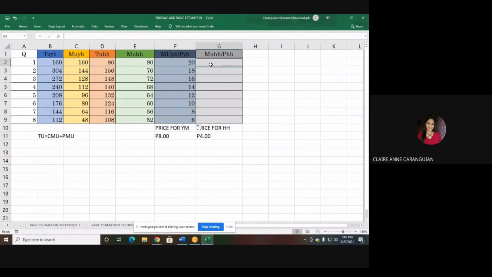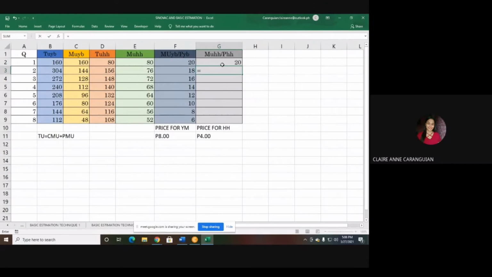While for Halo Halo, same process: 80, but the price of Halo Halo per unit is 4 pesos. So we just put in 4 pesos and enter.